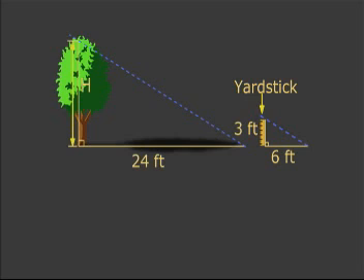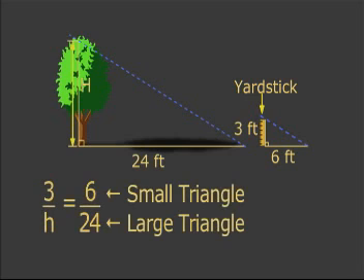We start by writing the proportion. The height of the measuring stick, 3 feet, to the length of the shadow, 6 feet, is equal to the height of the tree, which we will call h, to the length of its shadow, 24 feet. We then find the cross products.